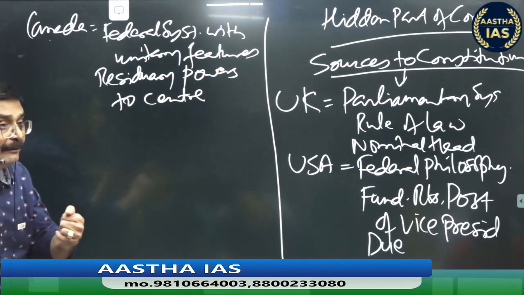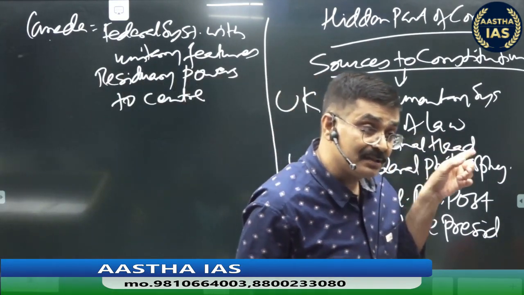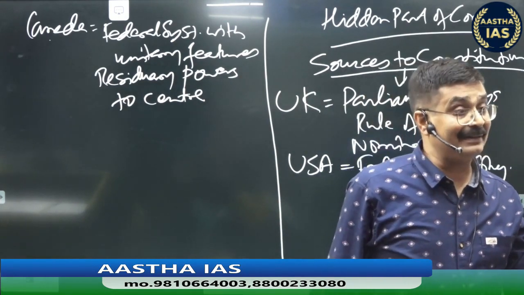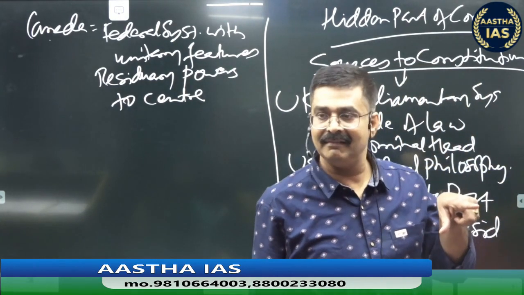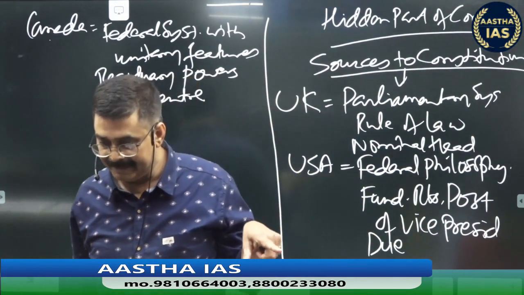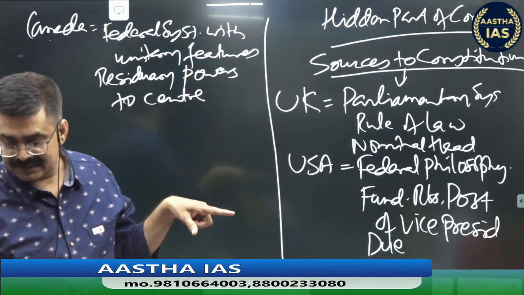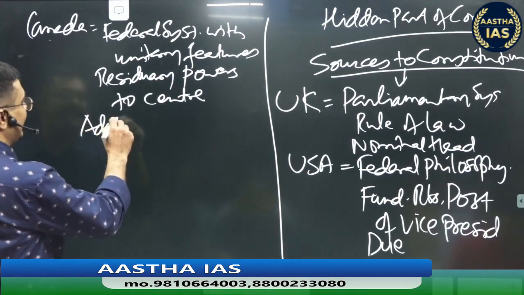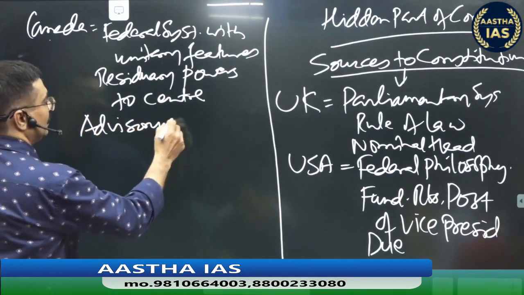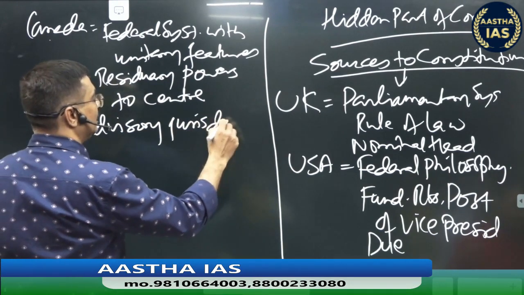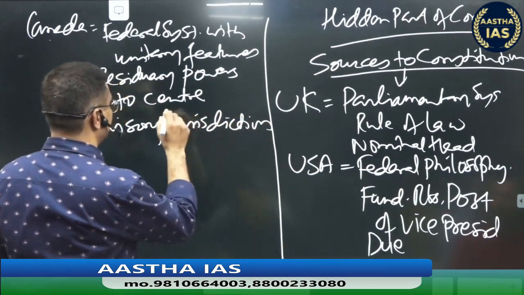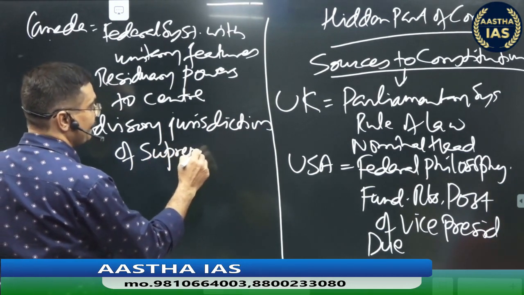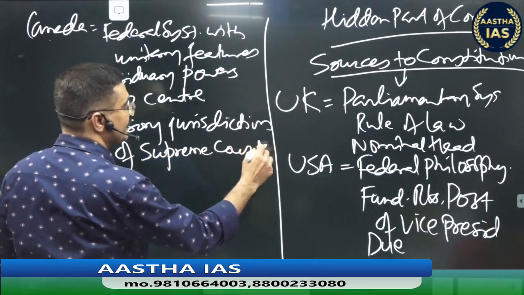Process of appointment of governor. America is also a federal system. Therein also governors are there. But in America the governors are elected. Advisory jurisdiction of Supreme Court.